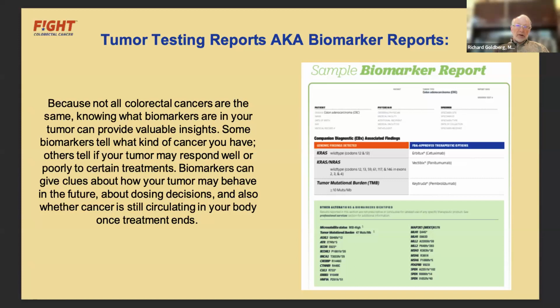And we have stage 1 patients who 90% are cured by just removing the polyp. And we have stage 4 patients where only about 15% are cured using today's technology. Although I would say 20 years ago, only 5% are cured. So we're gradually making progress and moving forward.